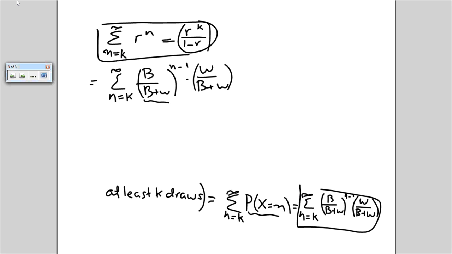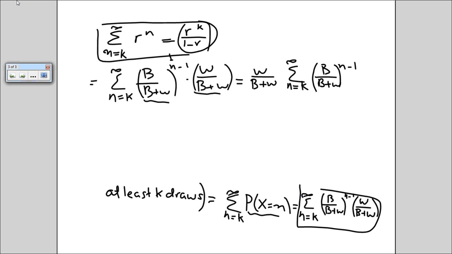The first one does have n in it. The second one does not. So I can factor the second factor out. W over b plus w times the summation as n goes from k to infinity of b over b plus w to the n minus 1.